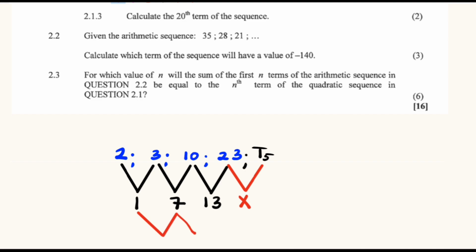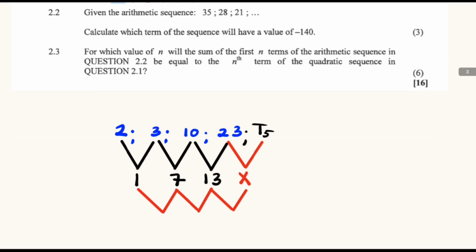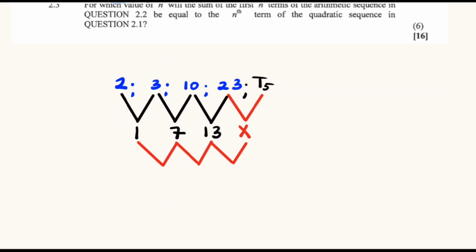We have to determine the second differences, and the 7 minus 1 is equal to 6, and the 13 minus 7 is also equal to 6. So the x minus 13 we expect to be equal to 6.